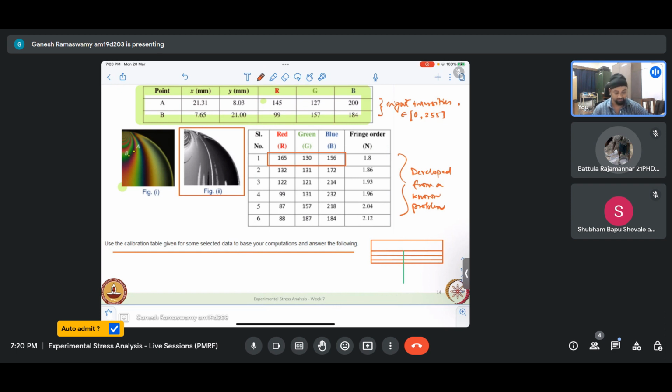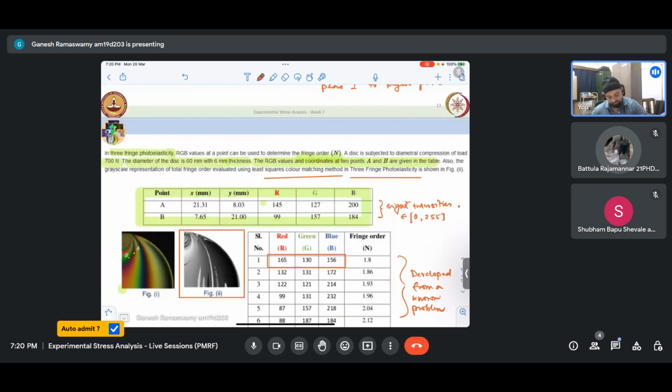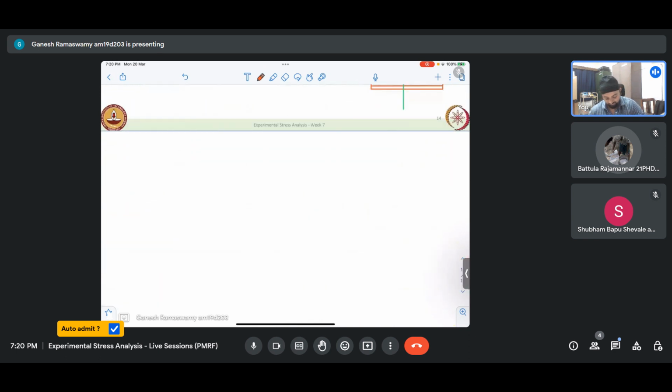Okay, now it is given that using 3 fringe photoelasticity, we will be doing a least squares color matching method. So essentially, we are trying to do error minimization. So what is the error here? Color matching.